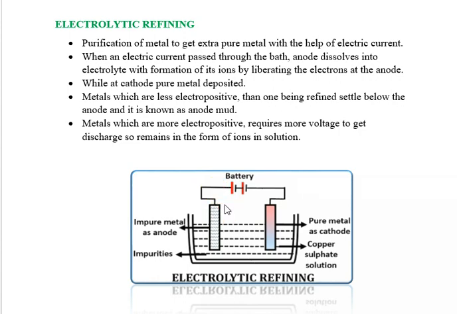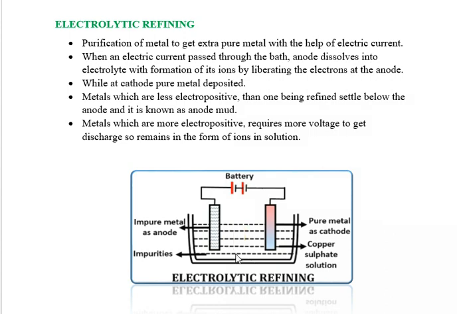The metals which are less electropositive than the one being refined settle below the anode. It is known as anode mud.